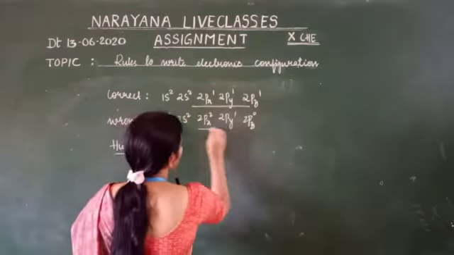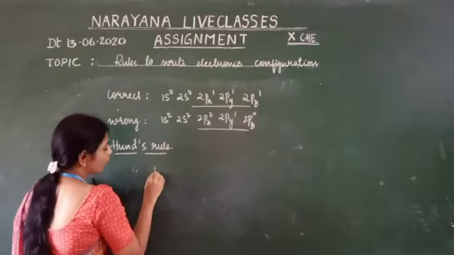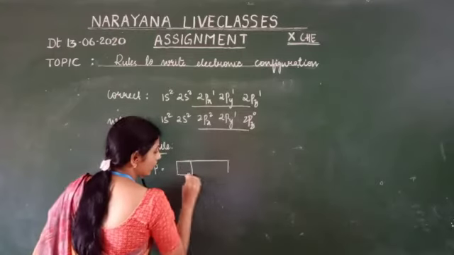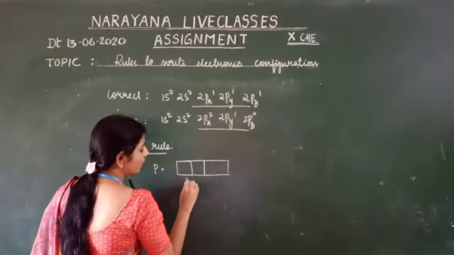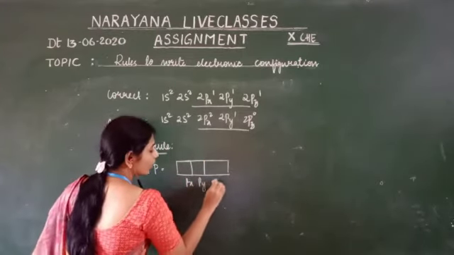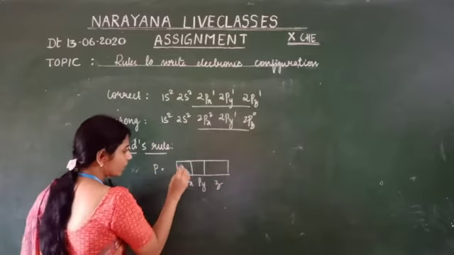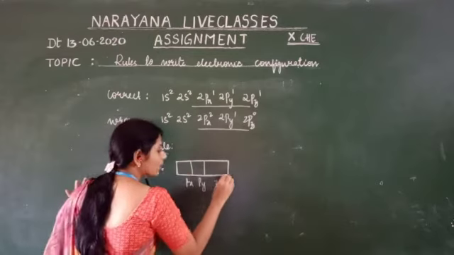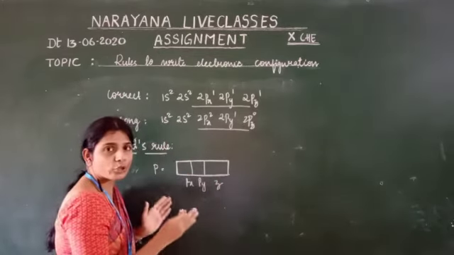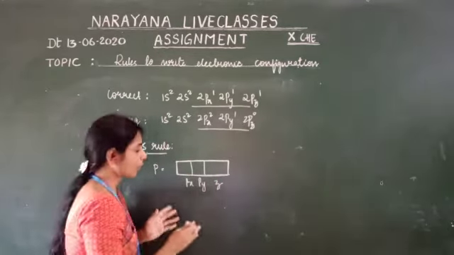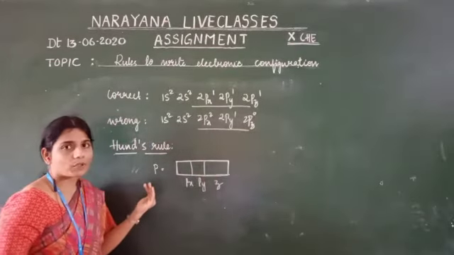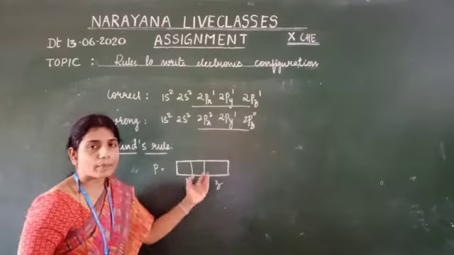So coming here, the degenerate orbitals of the p orbital are px, py and pz. What are degenerate orbitals? The orbitals having the same energy are called degenerate orbitals, or else you can say the orbitals belonging to the same subshell will have the same energy.